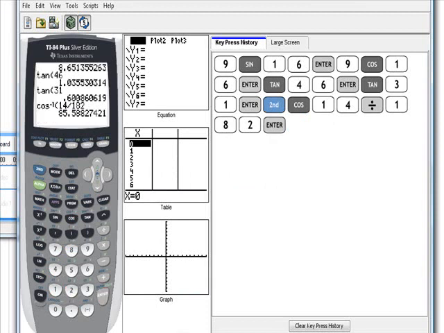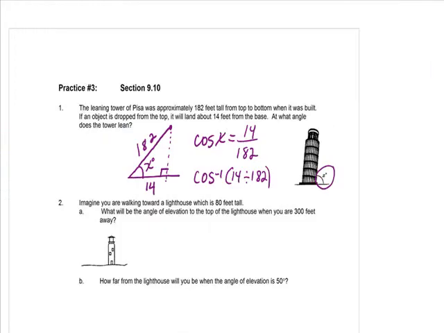Enter. And we get about 85.6. And if we round, that's about 87 degrees. Typically, I always tell my students to round to the nearest whole degree.